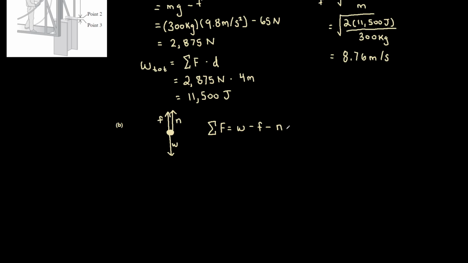With this net force equation, we can solve for the total work done on the hammerhead during its displacement from point 2 to point 3. The total work done on the hammerhead is going to equal this net force, which is our weight minus the friction force minus the normal force, times the displacement from point 2 to point 3. And I'll denote that as d_2,3.